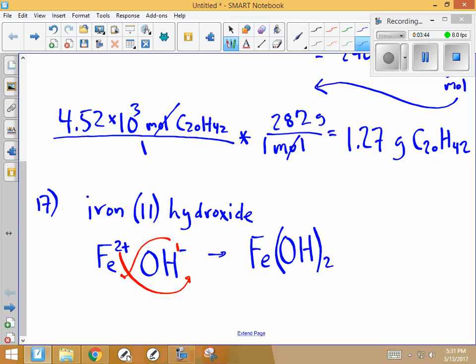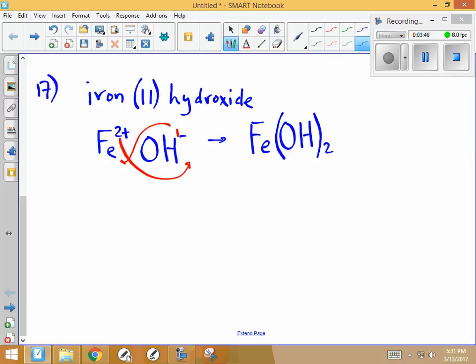Iron, and then you have your hydroxide, and you have 2 of them. Great. I suspect we're going to need to find the molar mass of this iron hydroxide. 1 iron plus 2 oxygens plus 2 hydrogens.